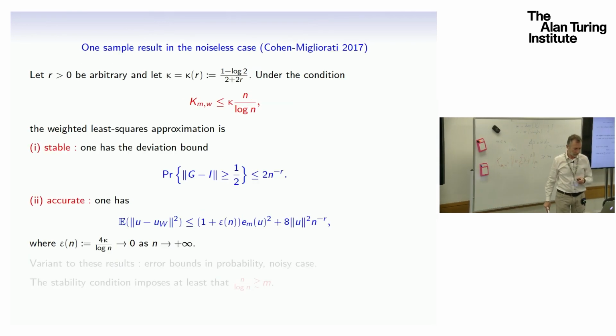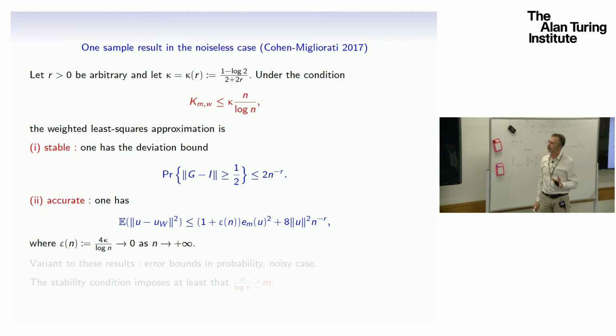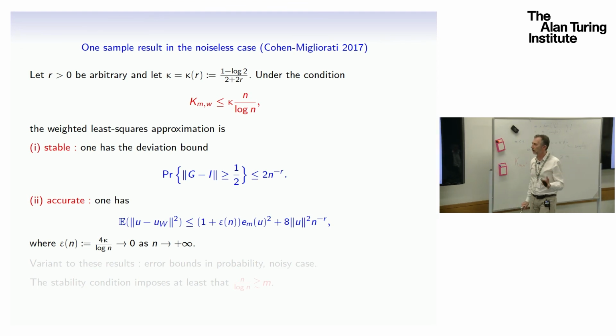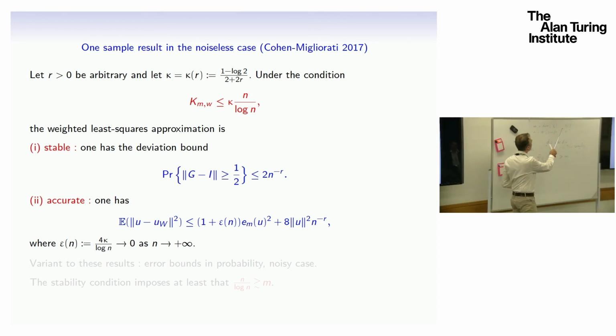Okay. So I'm going to give one sample result in the noiseless case, while we have an analogous result in the noisy case that also involves the noise level. And they essentially say the following. They're going to give you the criterion that describes the trade-off between m and n.